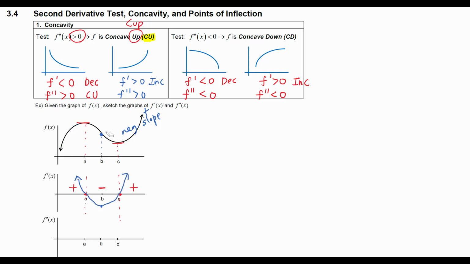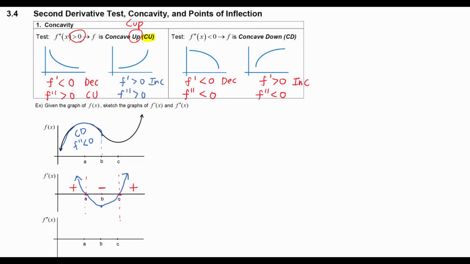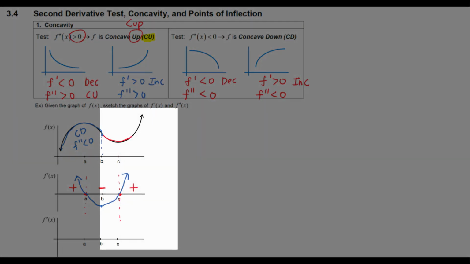Now for the f double prime graph, I'm going to use what we just learned today. From negative infinity to point B, my graph is umbrella shaped, which is concave down, which means f double prime is negative there. And from B to infinity, it is concave up, which means f double prime is positive.